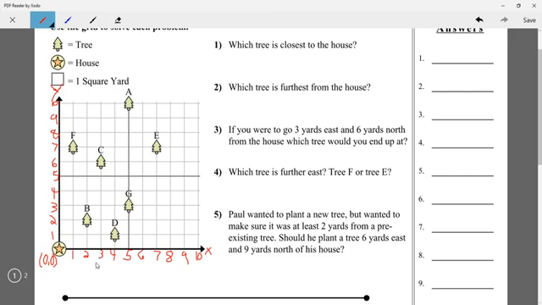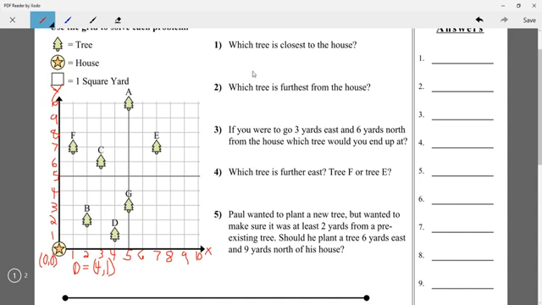So that means that D would equal, in parentheses, 4, comma, 1. And as I said, the x always comes first. So I go over 4, and I go up 1. So D would be at 4, 1.